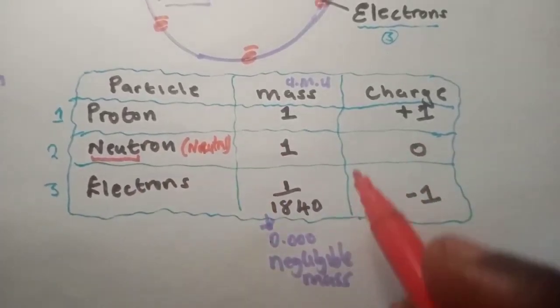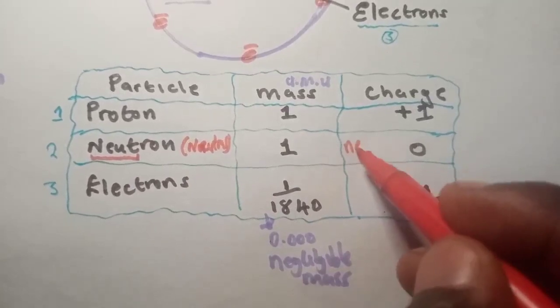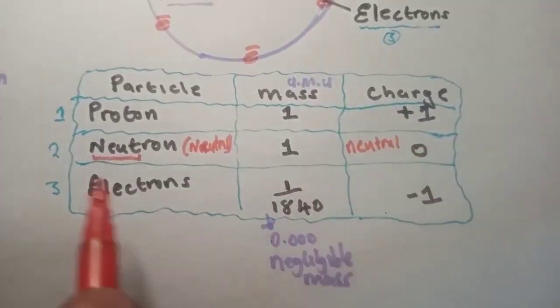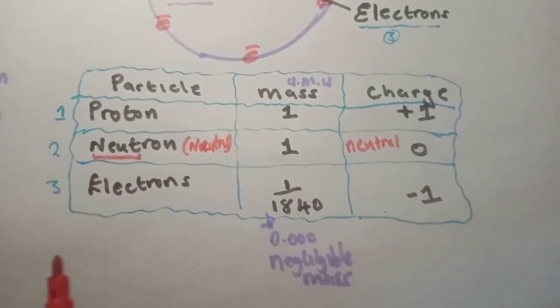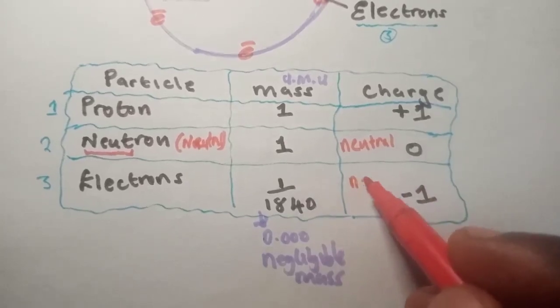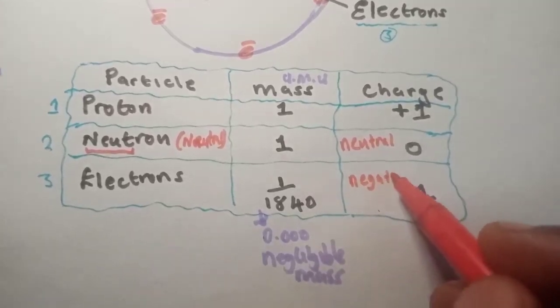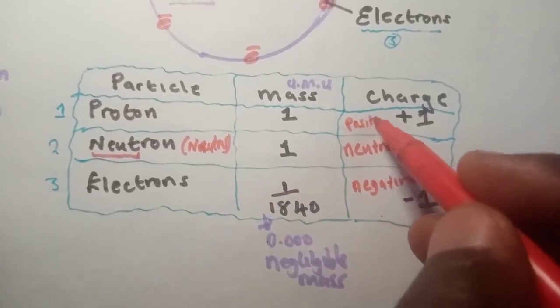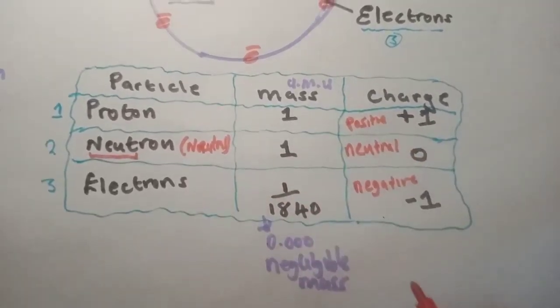It is neutral, no charge at all. But the electrons, the ones on the shells, are negatively charged, with a charge of -1, and the proton has a positive charge of +1.